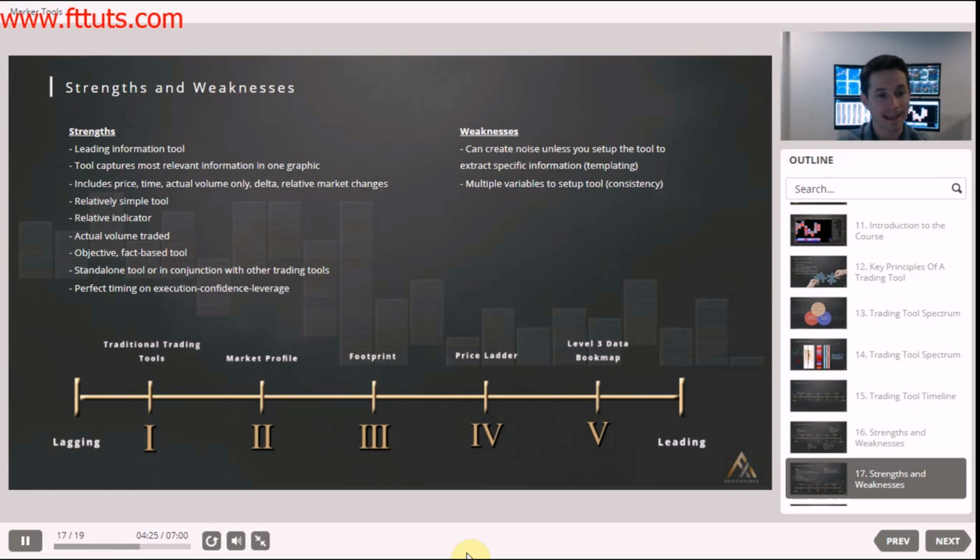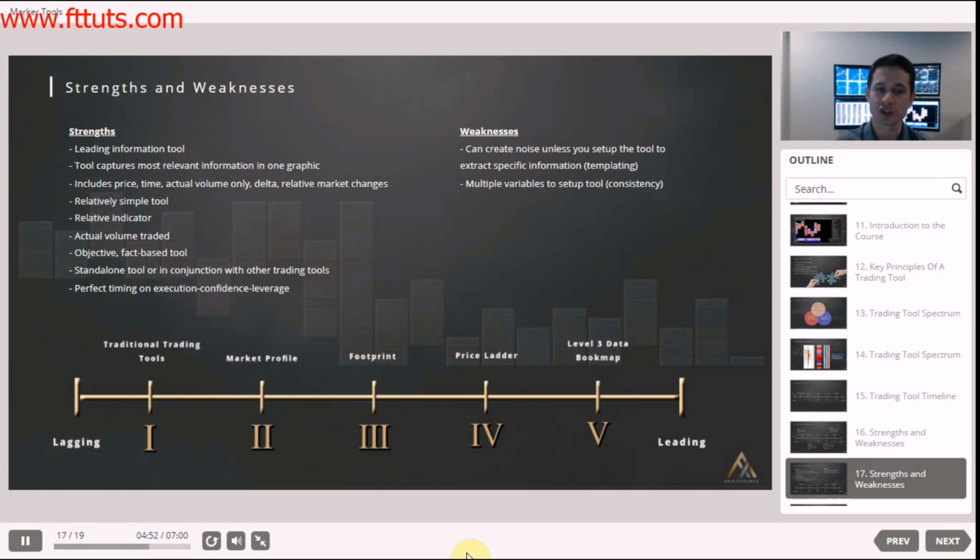So it does show us the relative changes in the volume, in the delta, in the velocity, in the volatility. Then it shows us only the actual volume traded, and this is where it trumps the price ladder quite significantly, in that the price ladder can show us a lot of spoofing and a lot of fake orders, whereas the footprint only shows us exactly what is being transacted.